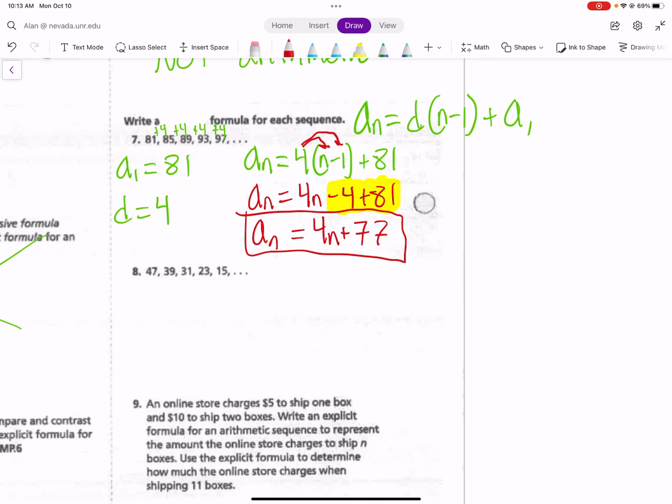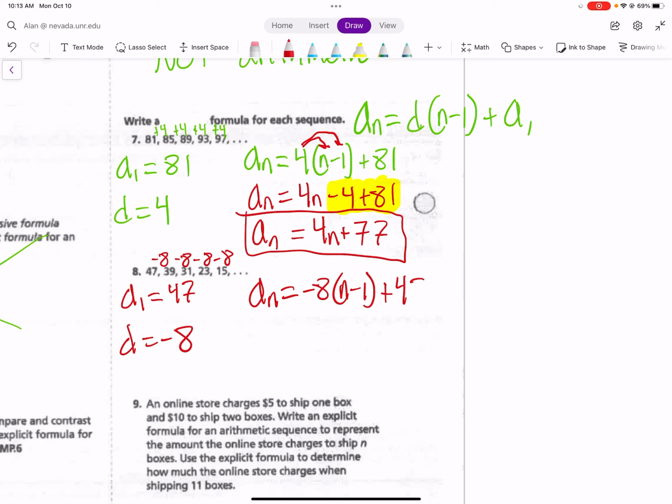All right, let's check your work, see if you are correct. So we need to find the first term in the sequence, which here is 47, and the common difference. So from 47 to 39, we subtract 8, subtract 8, subtract 8, subtract 8 for all of these. So our common difference is -8. We plug in A sub 1 and D to our formula. So A sub n equals D, which is -8, times n minus 1, plus A sub 1, which is 47.